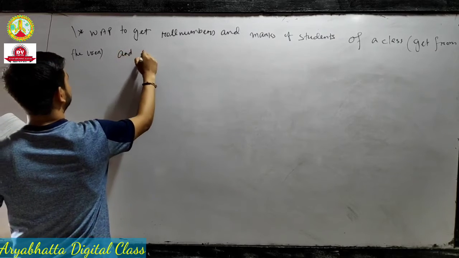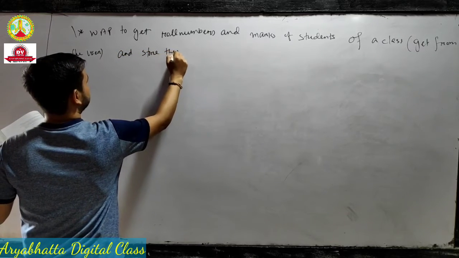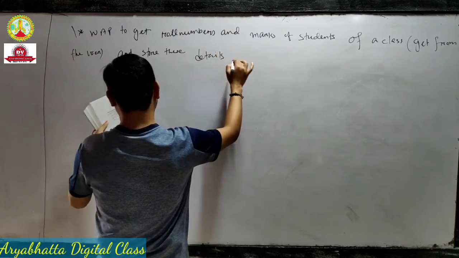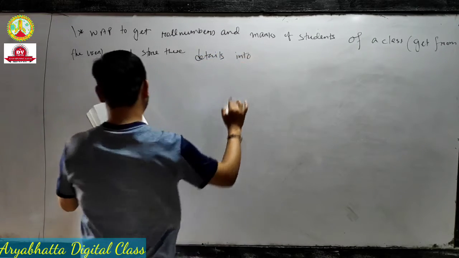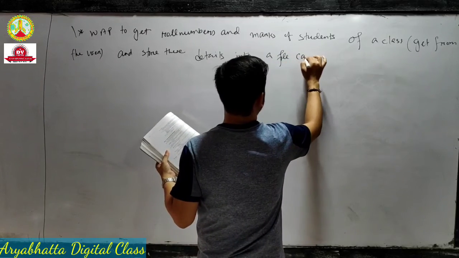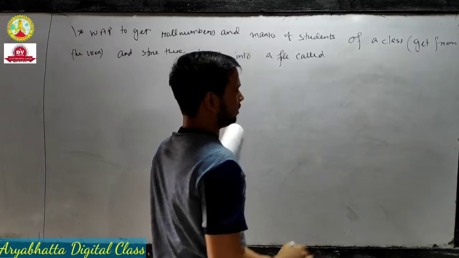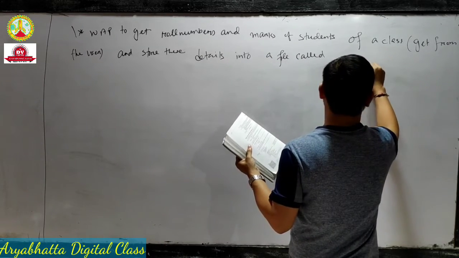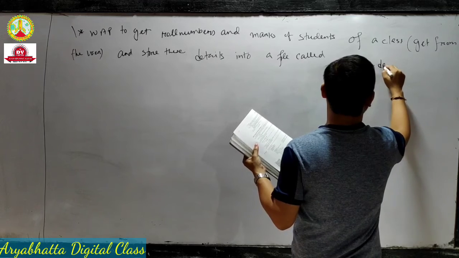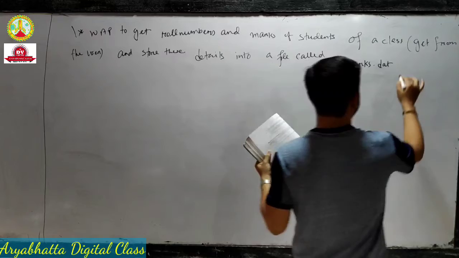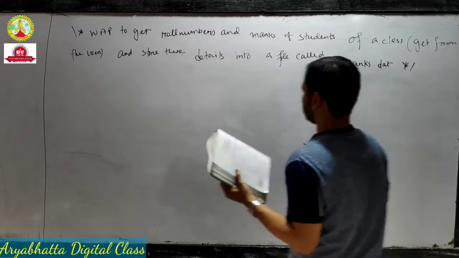And store these details, the roll number and marks of the students, into a file. The question gives the file name already. What is the file name? marks.dat, which is a data file, okay?